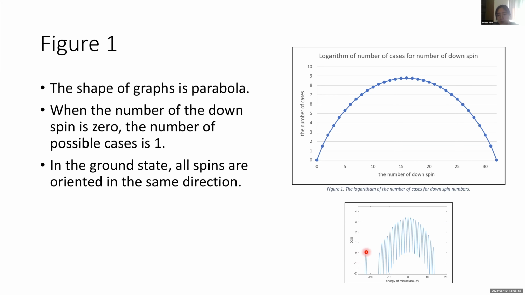At the ground state, you can see the density of states is 0. So we can tell that these two graphs are related to each other. It also shows that all spins are oriented in the same direction.